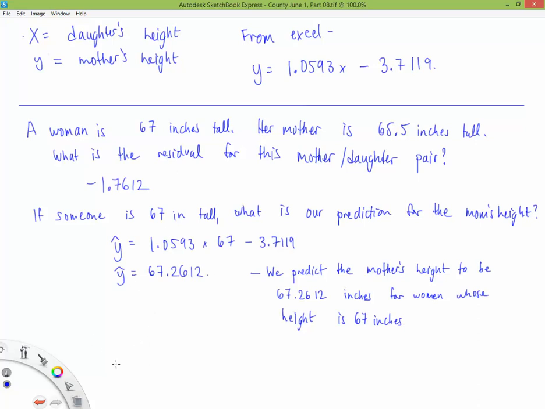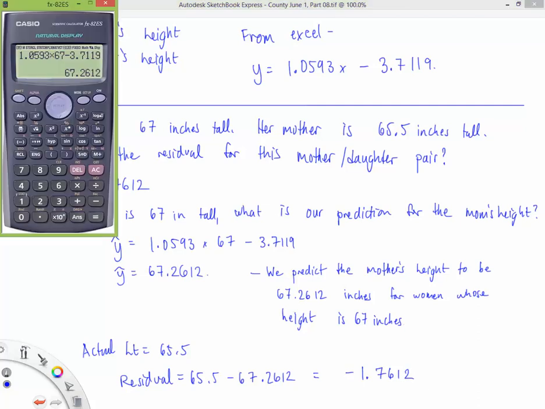In our case, the actual height is 65.5. So our residual is going to be 65.5 minus 67.2612, and I get negative 1.7612.